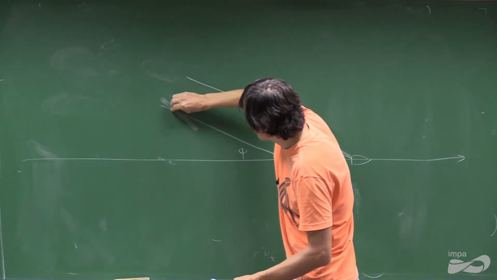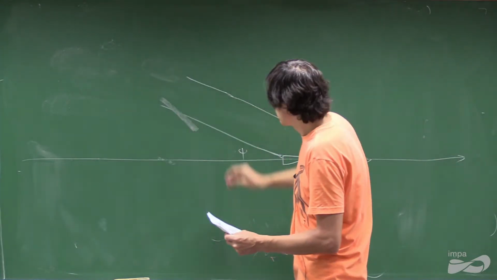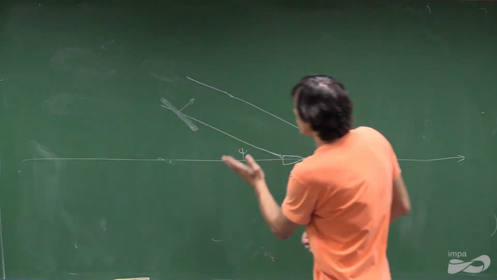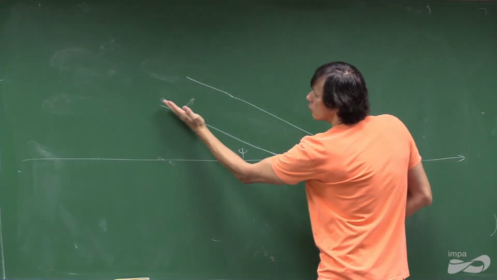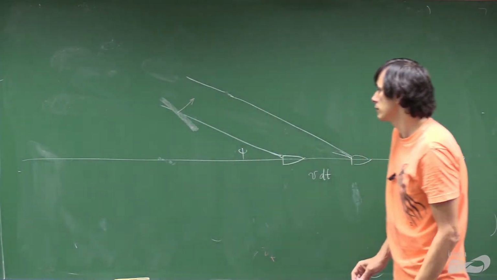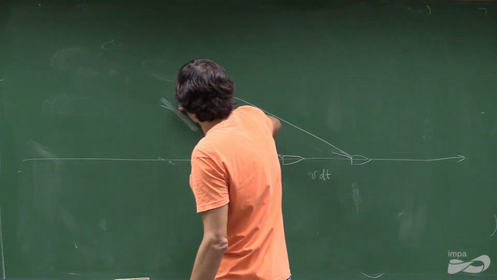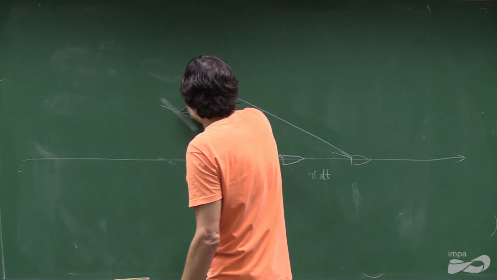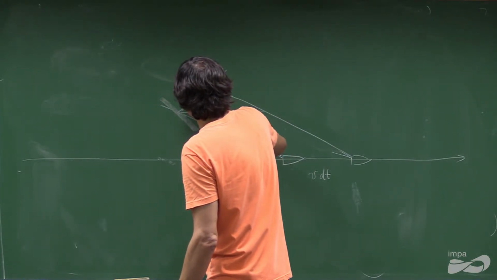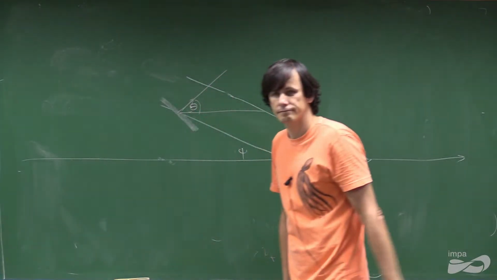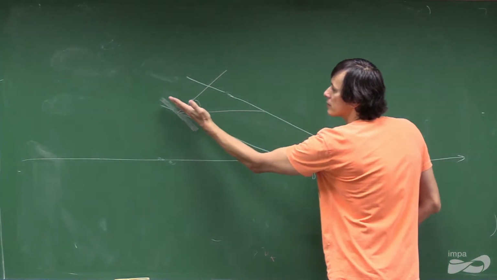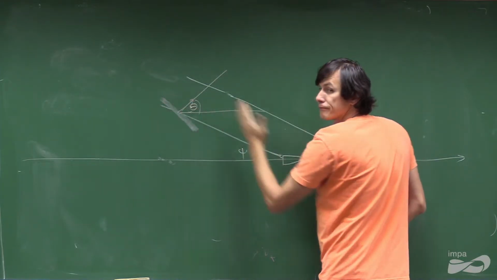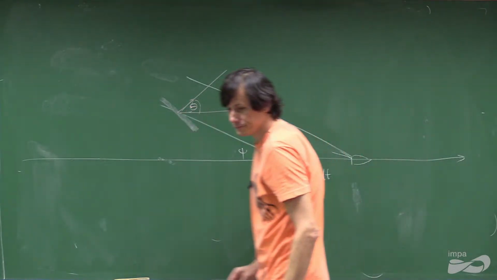The wave has a normal direction, and the wave is always moving in the normal direction to the crest. What we define is this angle, which we call theta. So theta defines the orientation of the wave that we see at that point.